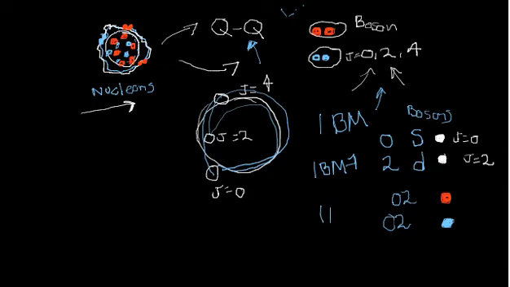This is the IBM2. The IBM2 treats protons and neutrons separately, and of course the Hamiltonian should be different.